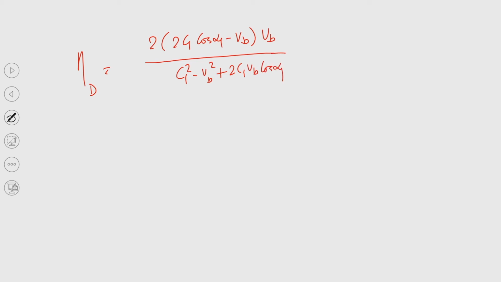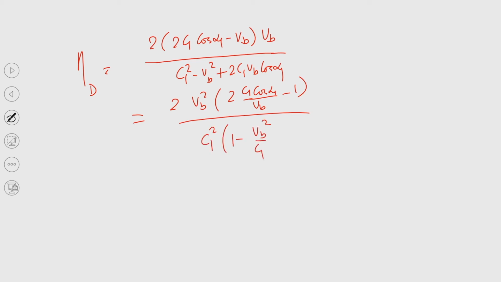So, we can write this in this form, twice Vb square into twice C1 cos alpha 1 by Vb minus 1 divided by C1 square into 1 minus Vb square by C1 square plus twice Vb by C1 cos alpha 1.